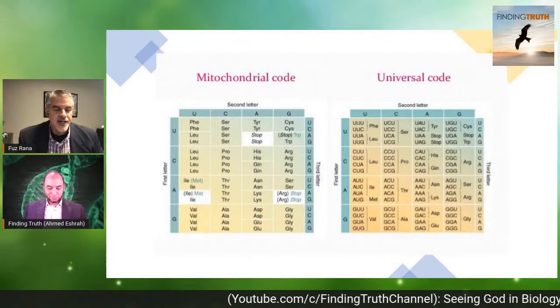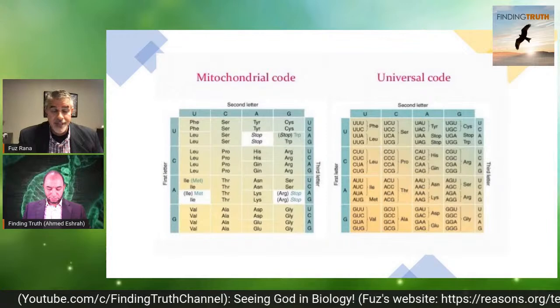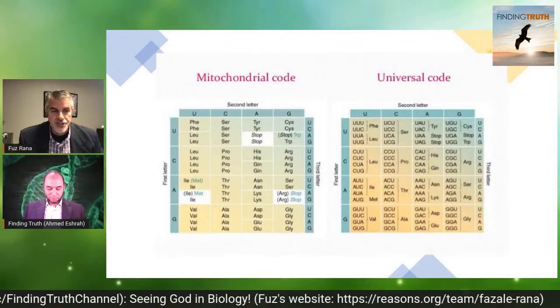You're just dealing with rare deviants that can be readily explained through microevolutionary changes.